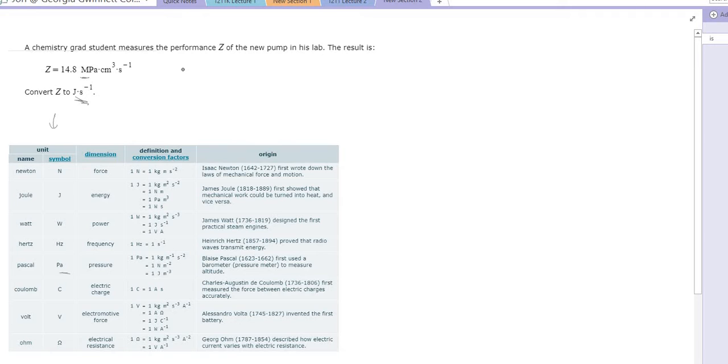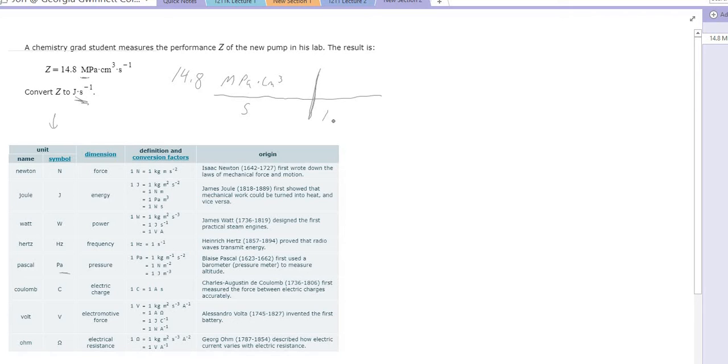Okay, so I'm going to set this up this way. I'm going to say that 14.8 megapascals times centimeter cubed divided by seconds. Now that I have that written down, I know I need to get rid of that mega and just get it into pascals.